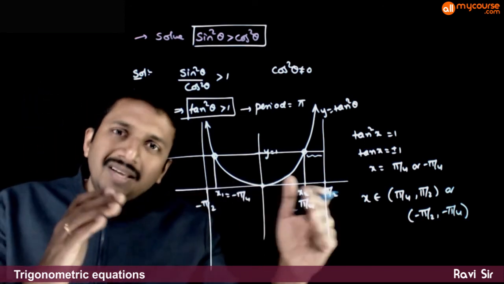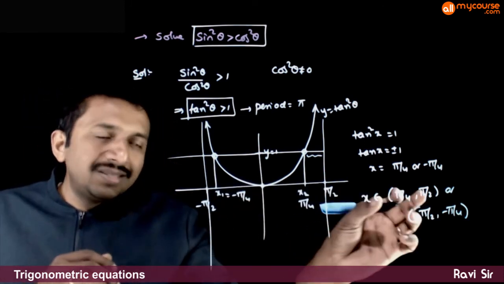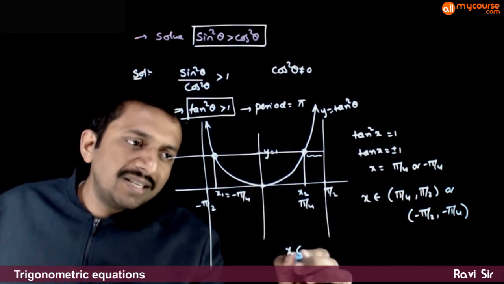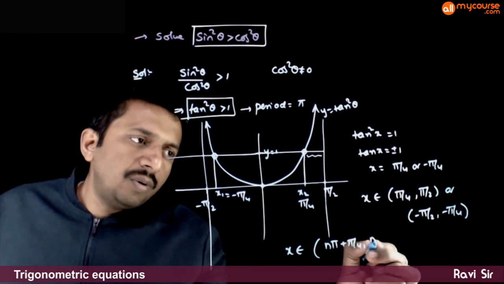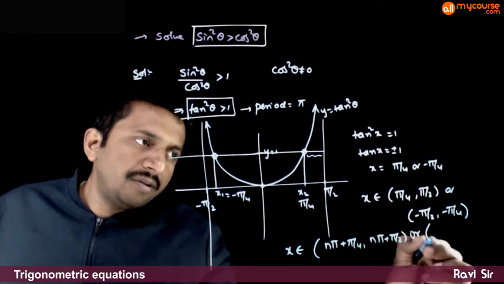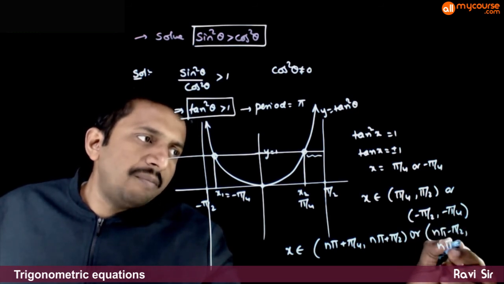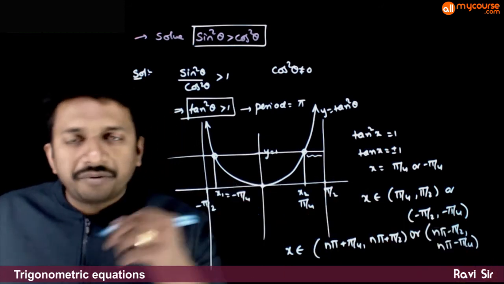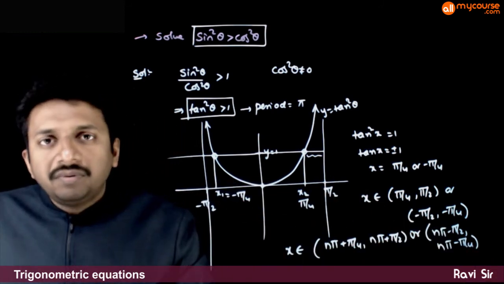If you want the complete answer, you just need to add n times the period to these extremities. So the general answer is x belongs to n pi plus pi by 4 to n pi plus pi by 2, or n pi minus pi by 2 to n pi minus pi by 4. This will be the required answer, where n belongs to integers.